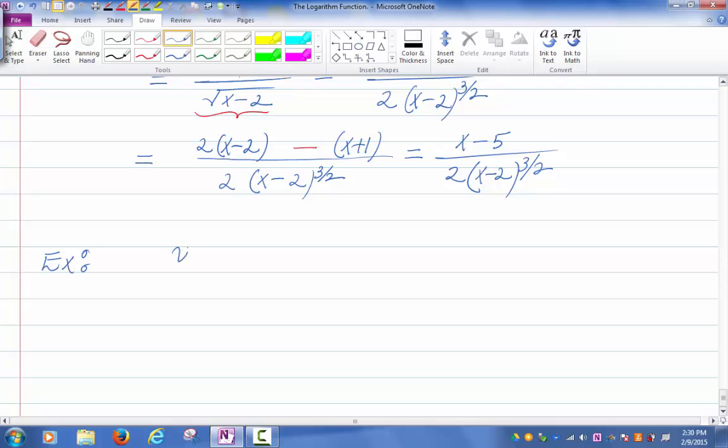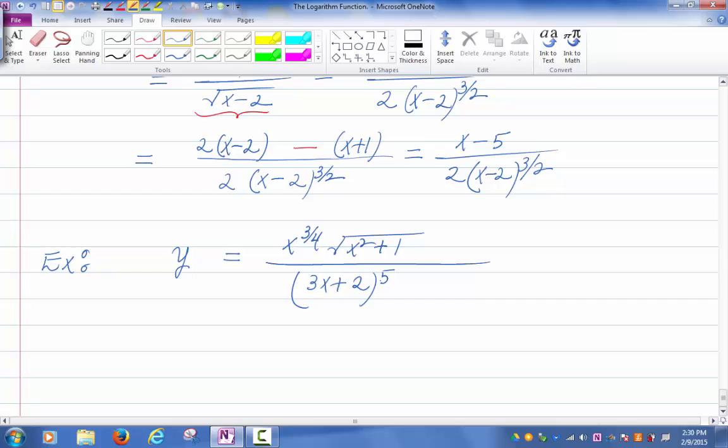Suppose that you have the function y to be x to the 3/4 times root of x squared plus 1 over 3x plus 2 to the 5.